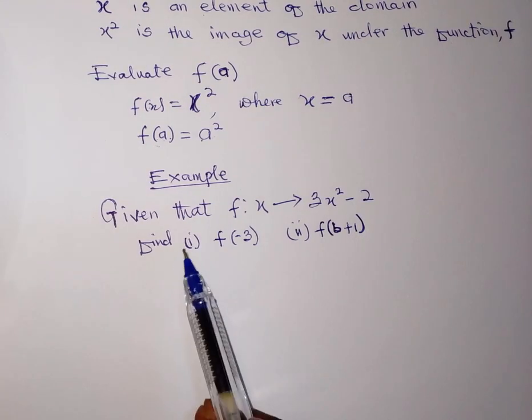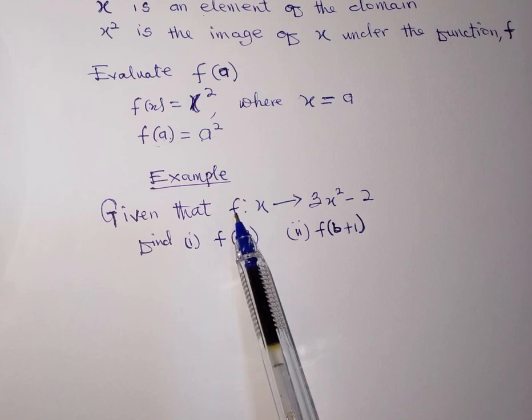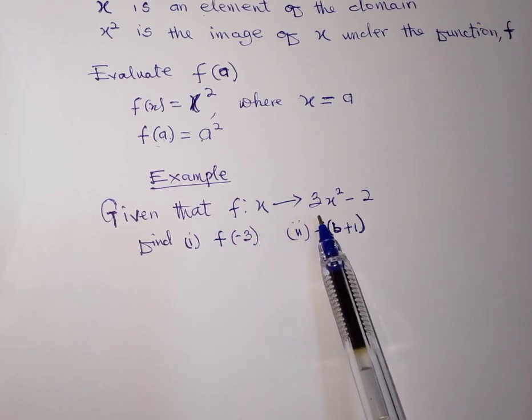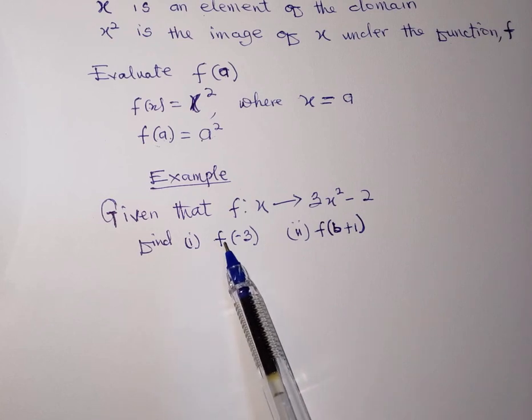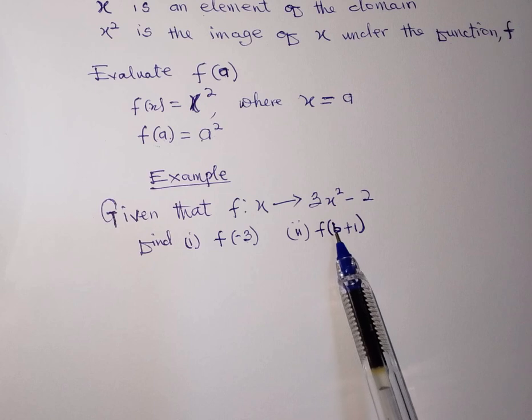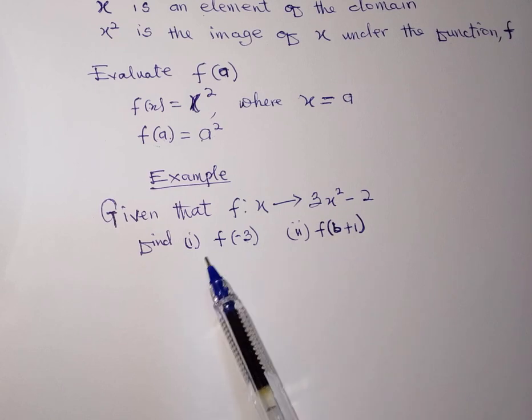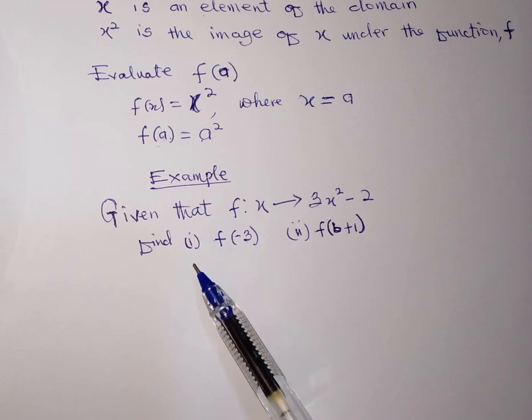Great. So let's take this example and see. Given that f such that x maps onto 3x squared minus 2, find (i) f at negative 3, (ii) f at b plus 1. Like the previous example, we are going to solve it the same way.